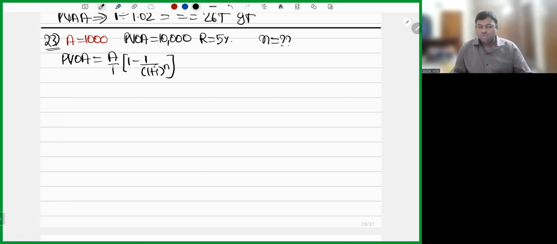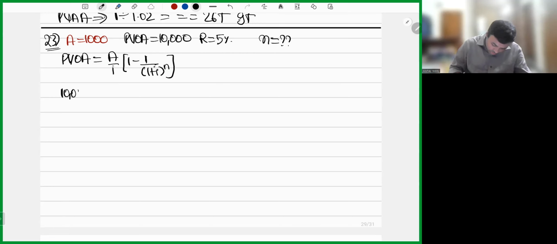For the first formula, future value of ordinary annuity divided by 1 plus I whole power n. Next formula, A into 1 plus I whole power n minus 1 divided by I into 1 plus I whole power n. Third formula, A by I into 1 minus 1 divided by 1 plus I whole power n. Next formula we have done in the calculator, 1 divided by 1 plus I, equal to symbol, n times, grand total into A will give you present value annuity factor.